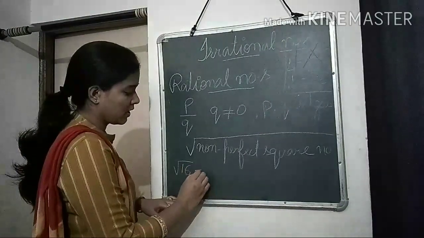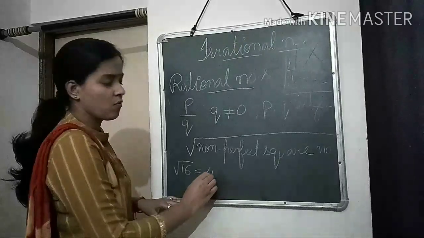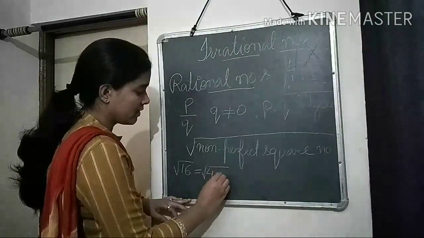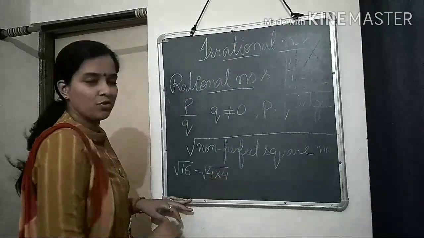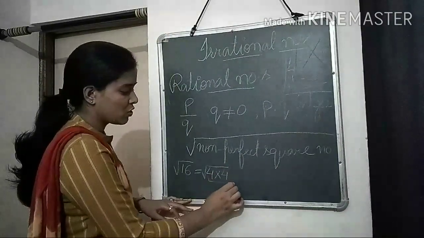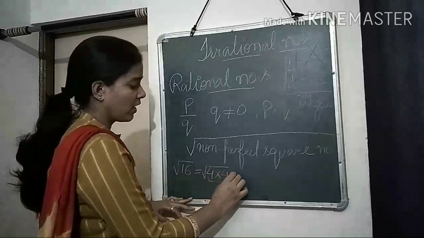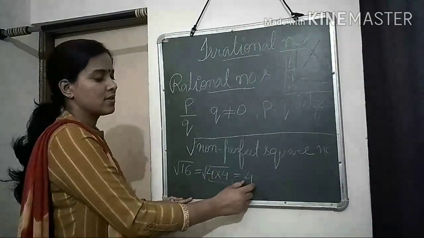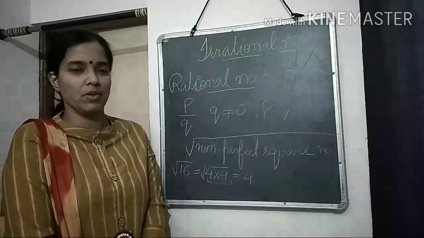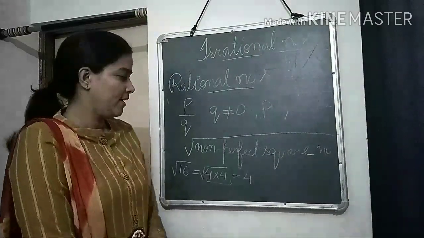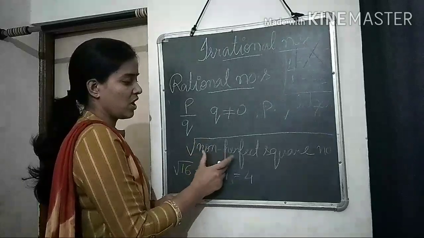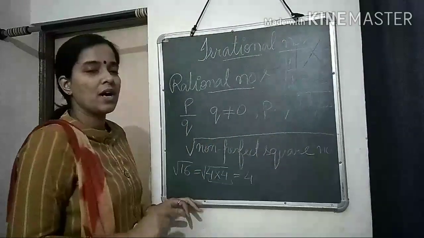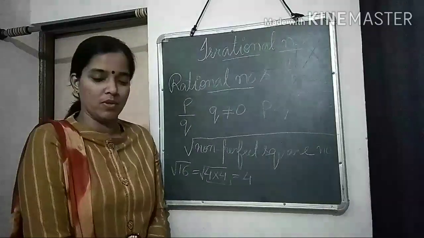Under root 16 can also be written as 4, because we can write it inside as 4 into 4. Out of these two 4s, one 4 will come out and it will become 4. Hence, this is not an irrational number. So, all the numbers which are non-perfect squares under the roots are known as irrational numbers.